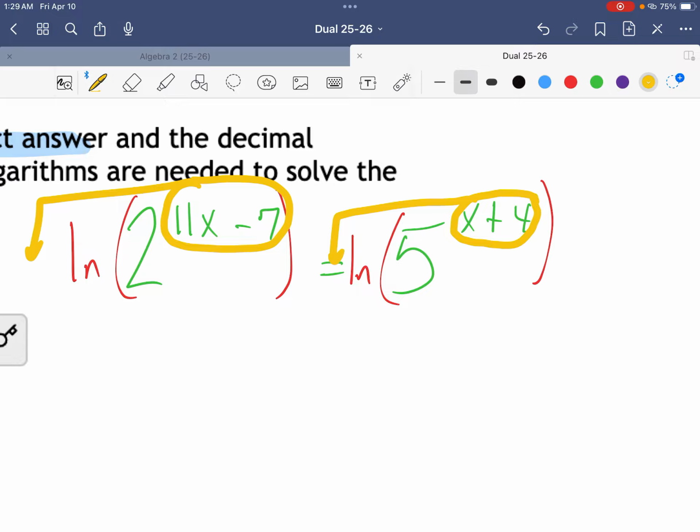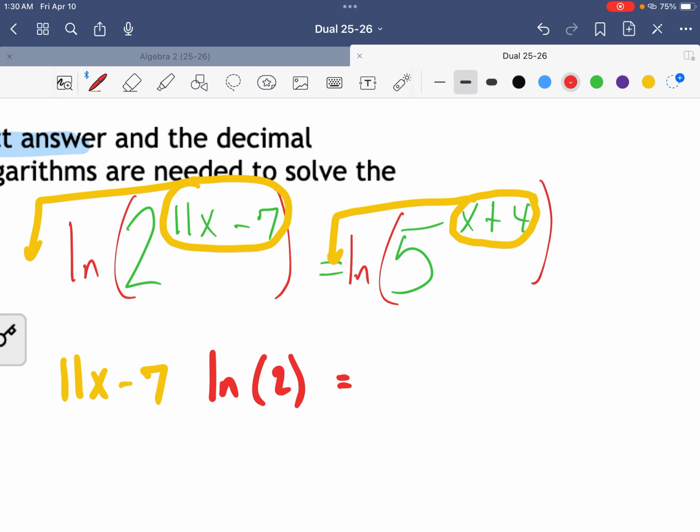So if I rewrite this, it's going to be (11x minus 7) ln 2. That's still there. And then equals the x plus 4 is going to go in the front now. And then you have ln of 5.